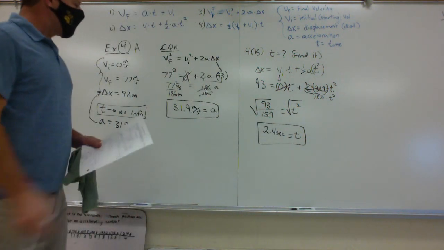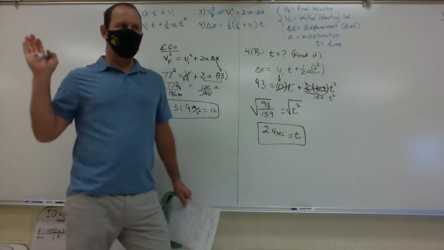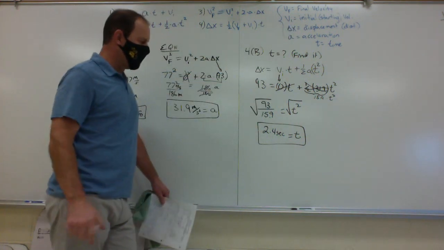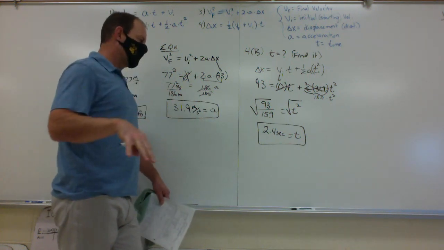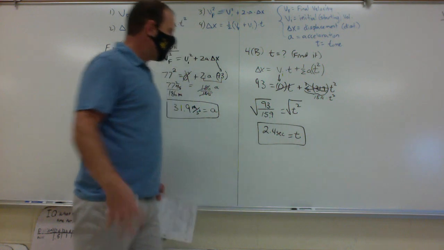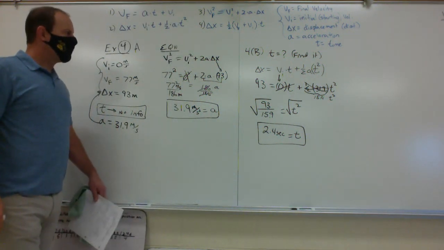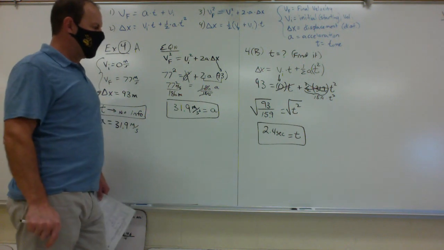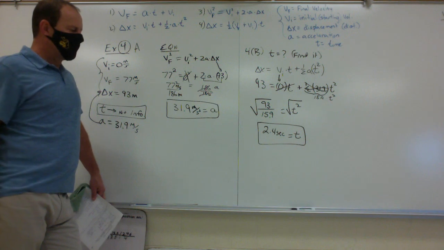Always think about whether or not your answer makes sense too. 2 seconds for this jet to get down to the end of the runway to take off isn't ridiculously quick or ridiculously slow. So it feels like that probably is a reasonable answer. And we didn't talk about thinking about whether or not your answer seems reasonable, but I would always try to make sure that you look at an answer.